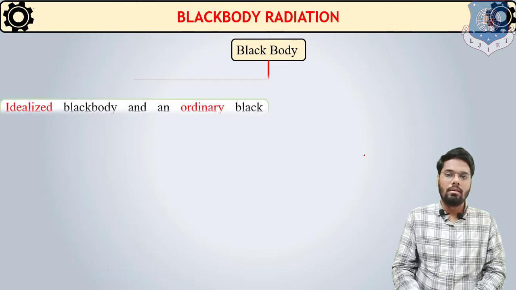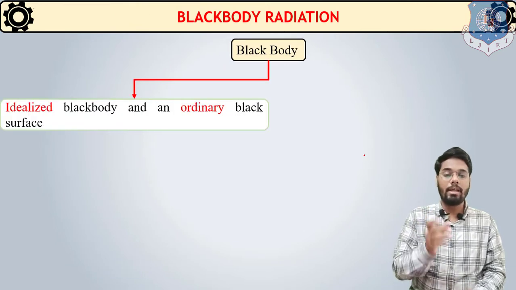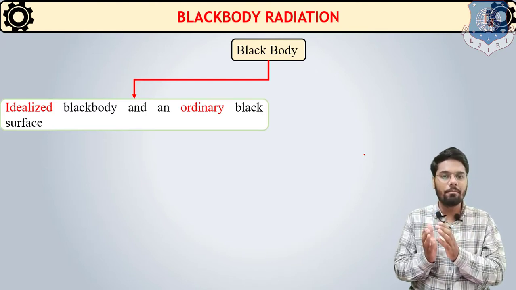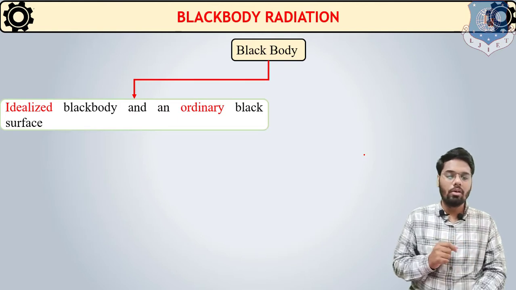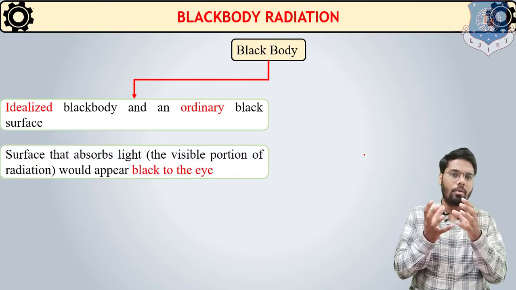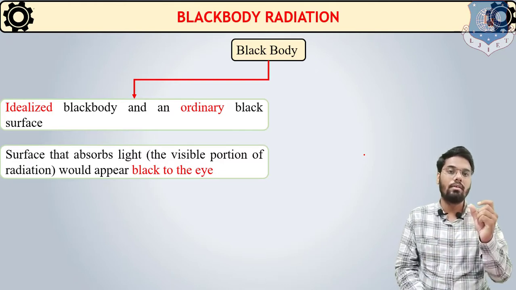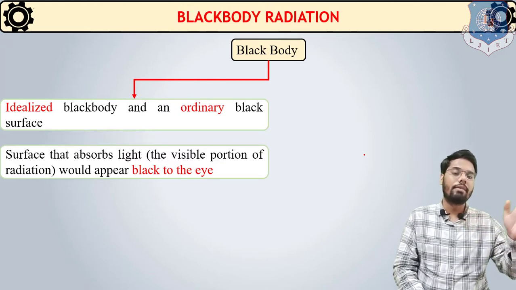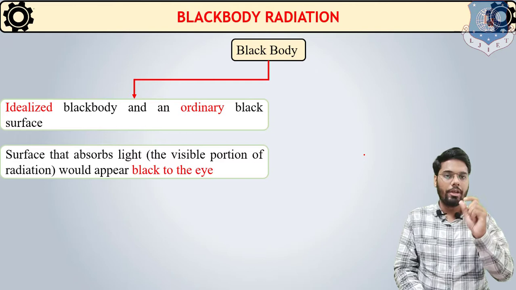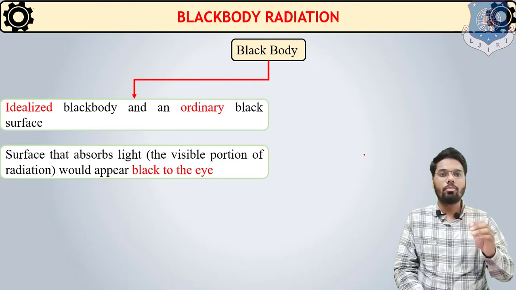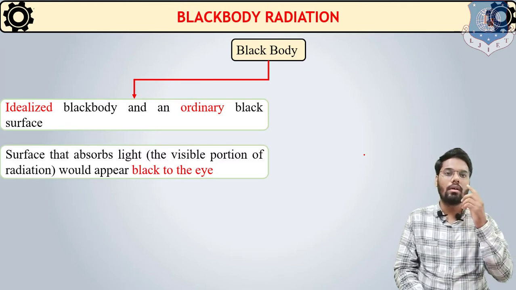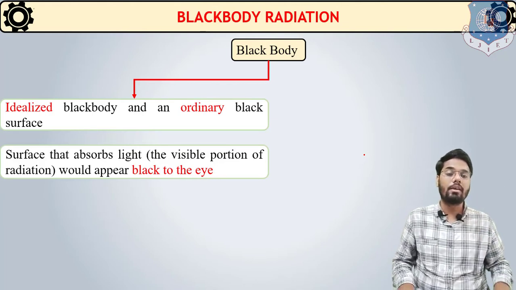Now, to sum up, a black body is an idealized body, but we have to differentiate the idealized black body from an ordinary black surface. A surface that absorbs all visible light, which in the electromagnetic wave spectrum is 0.4 to 0.76 micron, will appear black to our eye, because our eye has a limit of 0.4 to 0.76 micron of wavelength.